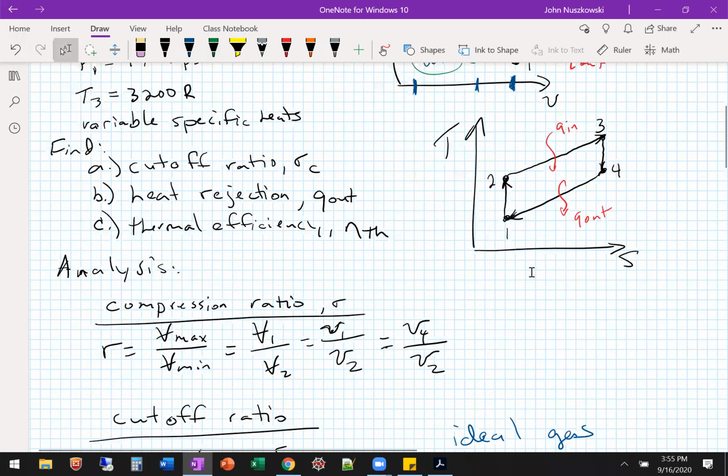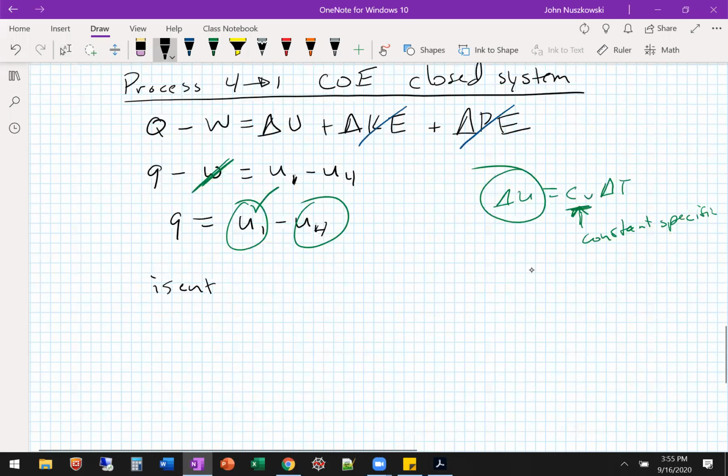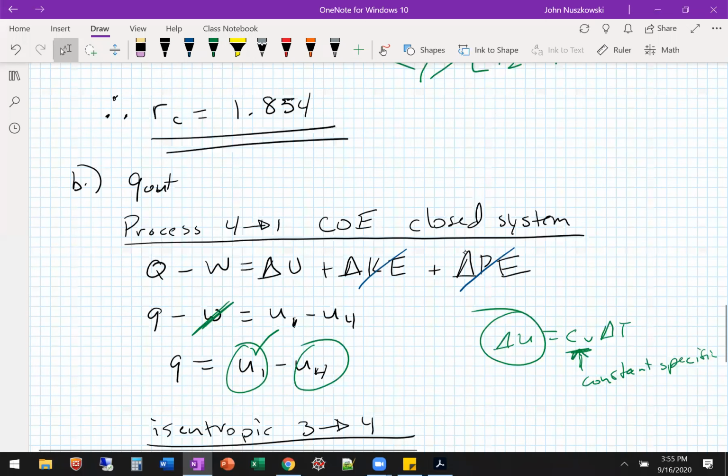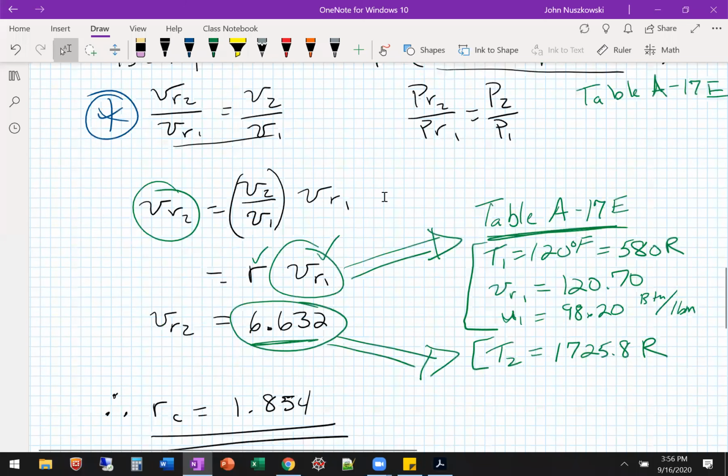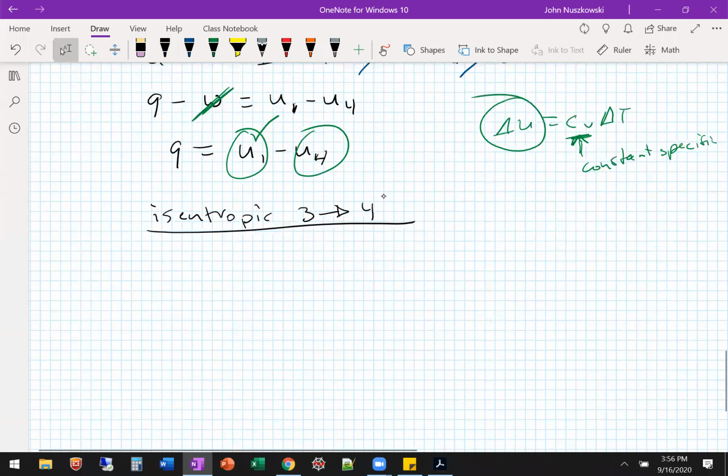So again, we use our isentropic relationships for variable specific heats. So if we have this one, it's VR4, VR3, V4, V3.